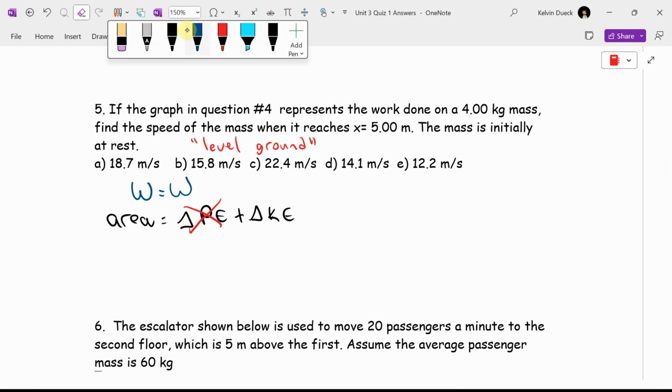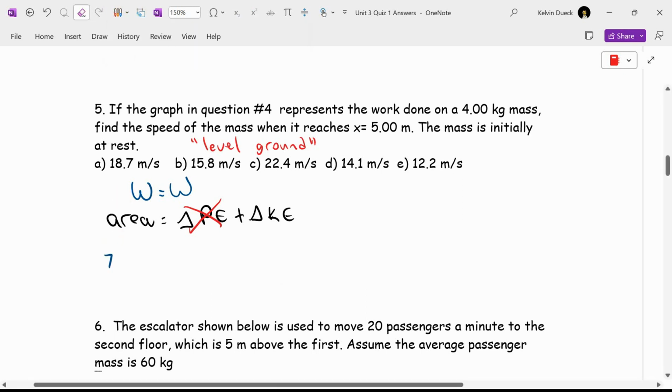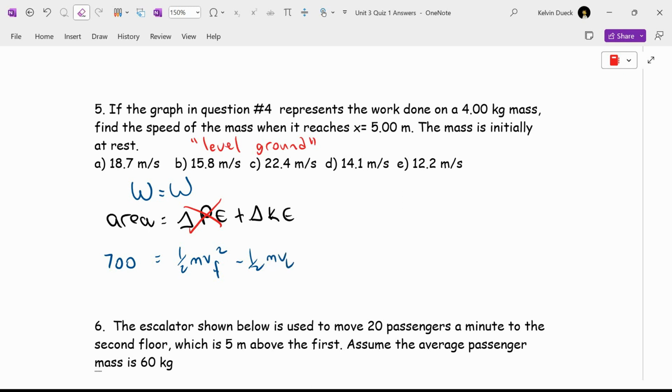Final minus initial. So we have the area, which was it 700? Is that right? That's going to be equal to a half mv final squared minus a half mv initial. Oh, wait a minute. It said it started at rest. Okay, that works. I guess to get the v by itself, it's going to be times by 2, divide by m, square root.